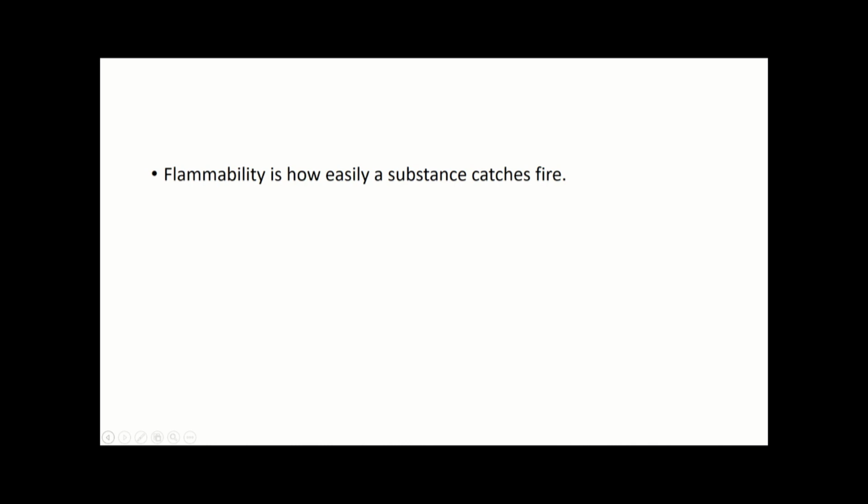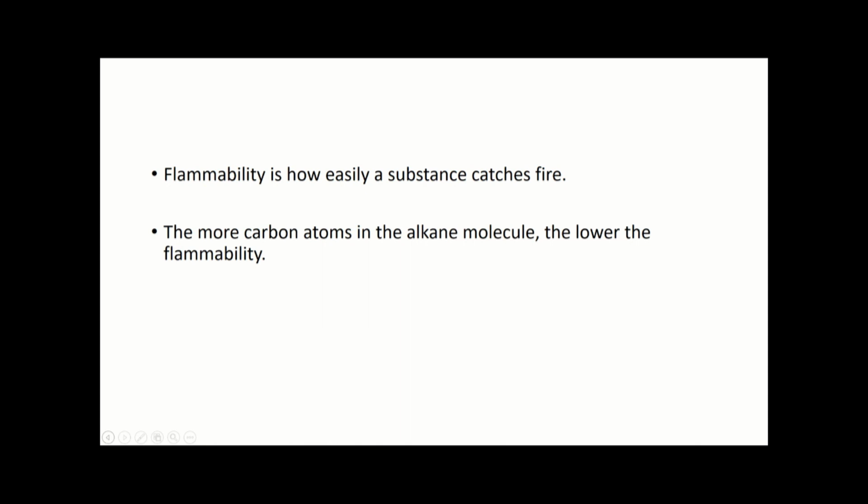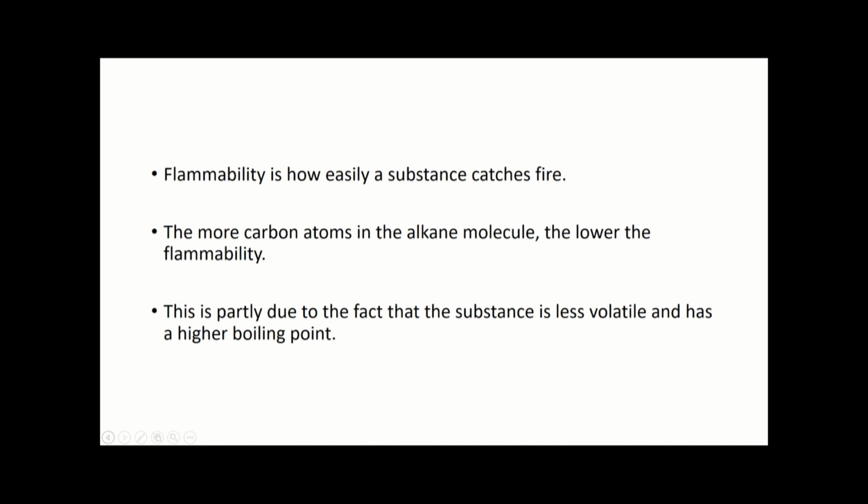So the pattern of flammability actually follows the pattern of the volatility. The more carbon atoms we have, the lower the flammability, and that's basically due to the fact that it's less volatile and its boiling point is higher. There are other factors involved as well.